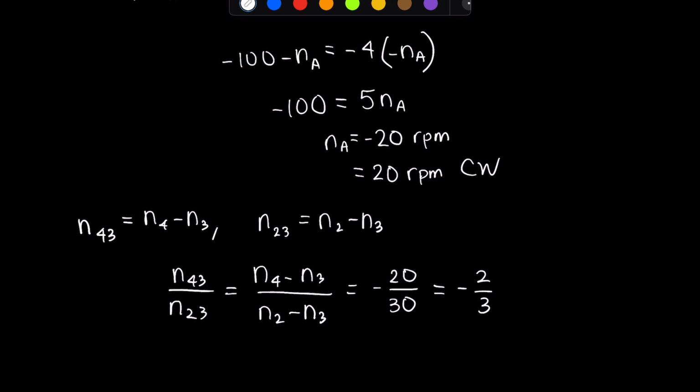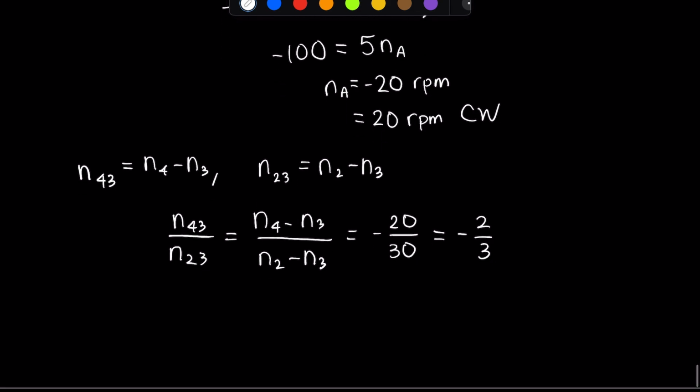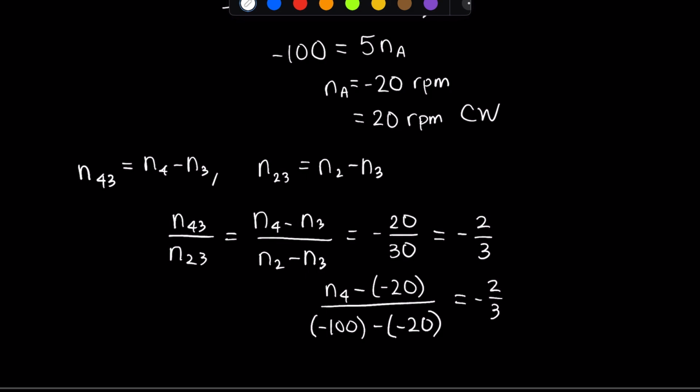So now we can substitute in all the things that we know. We have solved for N3, the speed of the arm. Remember, gear 3 is the arm. So N4 minus negative 20. Remember, that one's negative because it's clockwise. Divided by negative 100 minus negative 20 is equal to negative 2/3.